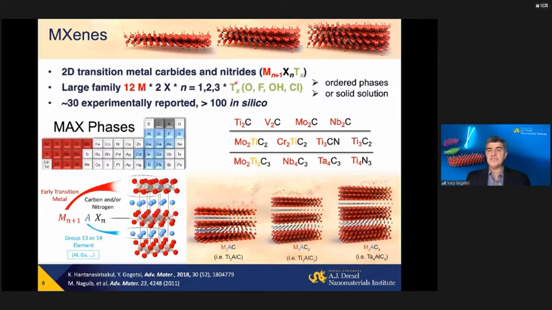If you use etching in aqueous media, we will get oxygen, OH, or fluorine, or chlorine from HCl. If you use molten salt, you can get other surface terminations like halogens. But the idea is we get structures with those surface terminations.